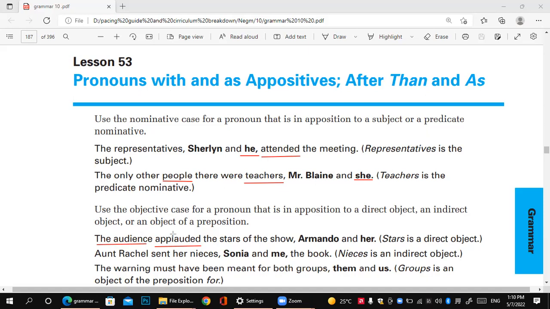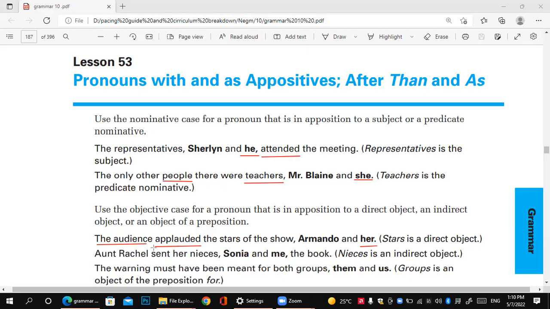Applauded whom? Of course the object, Armando and her. Why "her"? Because it is the object. Audience is the subject, applauded the verb, and the object after that.